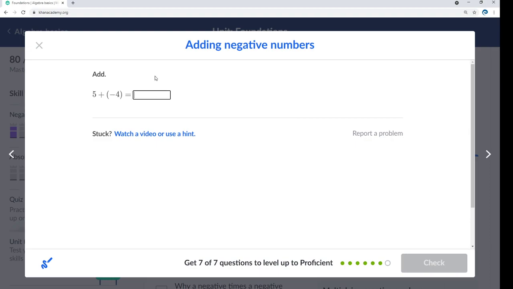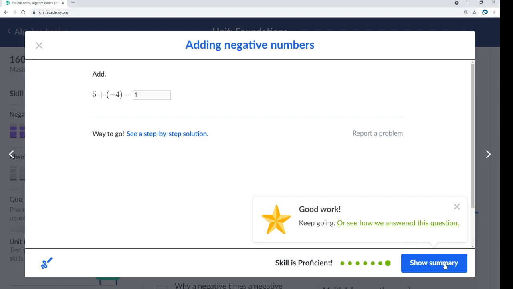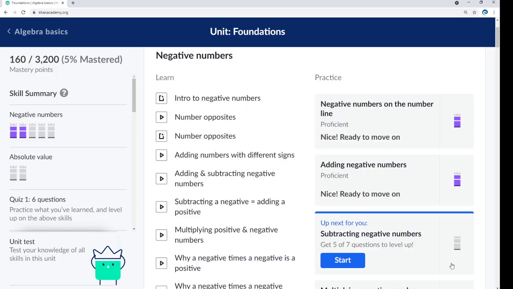That's going to be 1. Got that. And then oh, that was it. All right. I leveled up. I'll take that. Dunsky.